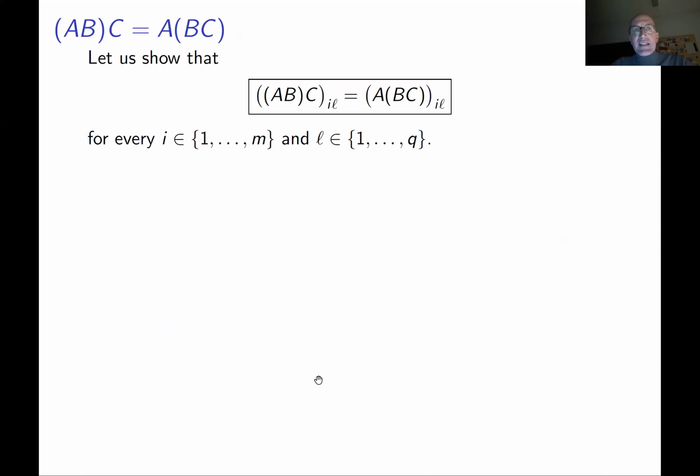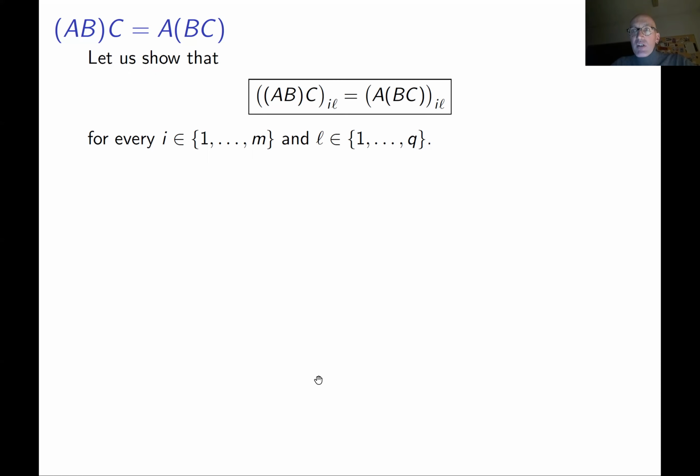So we want to check that AB times C equals A times BC. But basically, this means that we have to check equality of entries, that each IL entry of the left matrix is equal to the IL entry of the right matrix. Okay, if we do this, then it's fine.